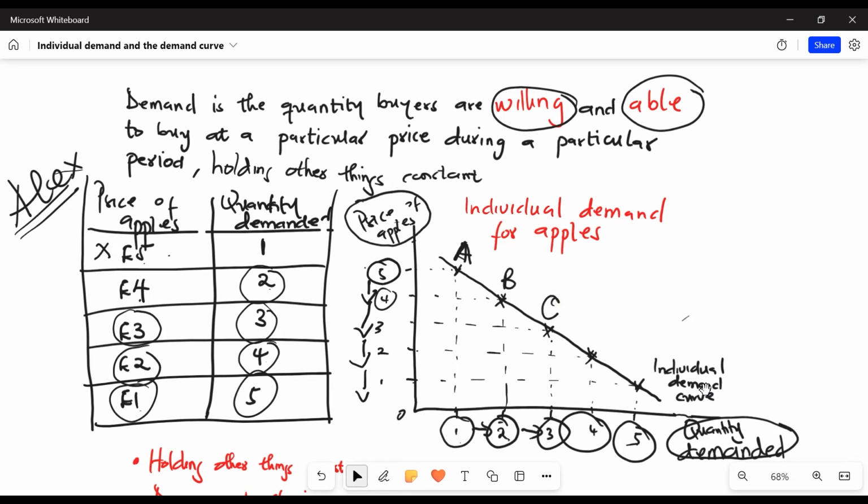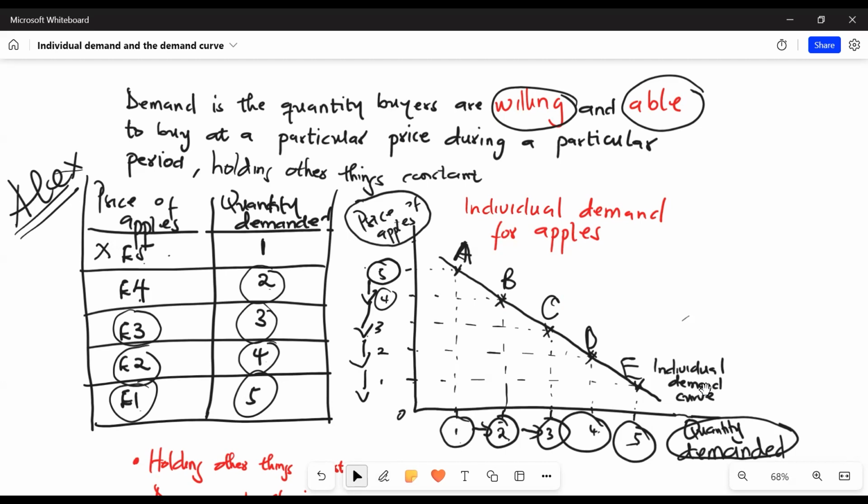Point C shows price equals 3, quantity is 3. Point D shows price equals 2, quantity is 4. And point E shows price equals 1, quantity is 5. So this line shows the individual demand curve.